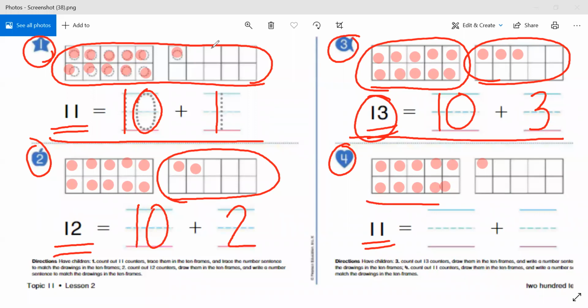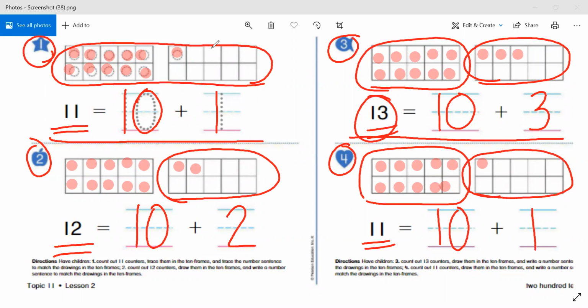So our first 10 frame has how many? 10, 10 ones. And our second 10 frame has how many ones? 1. 11 equals 10 plus 1.